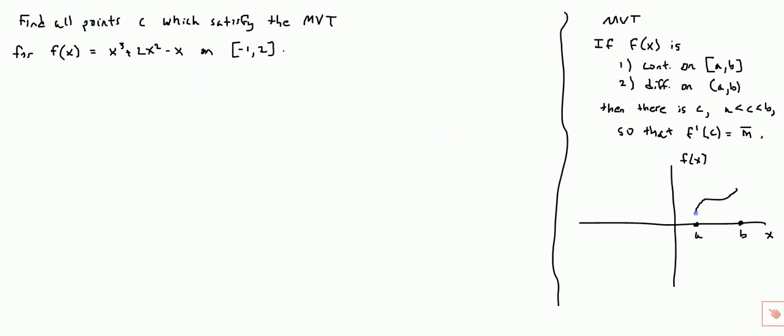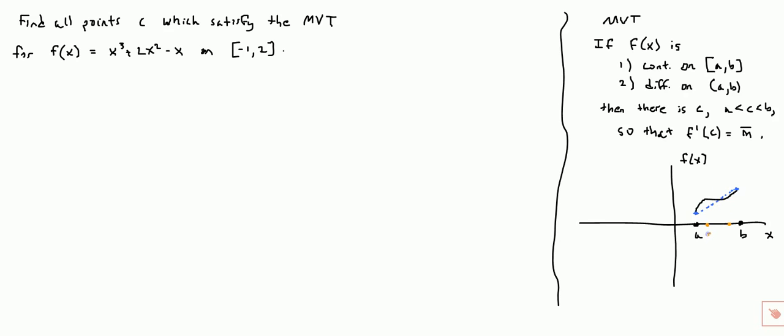To get that, we fill in the endpoints and then draw a line that connects them. That's the average slope. So the mean value theorem is telling us that there's at least one point, C, in between a and b, such that the tangent line at C is equal to this average slope, or parallel, right?